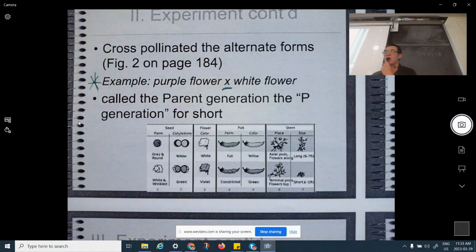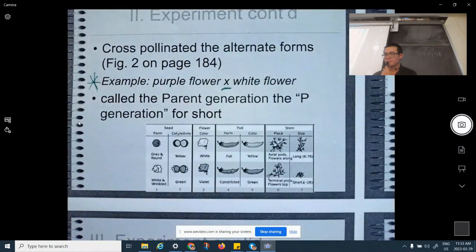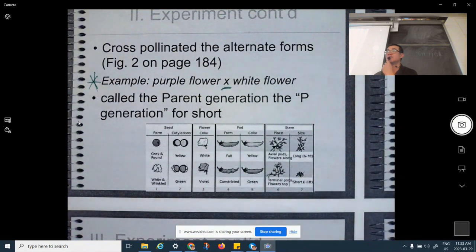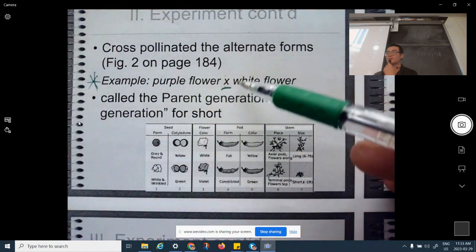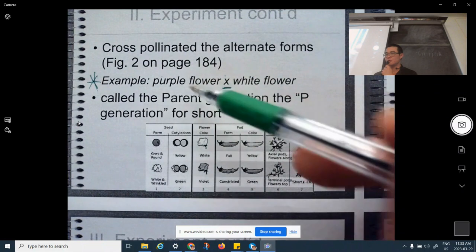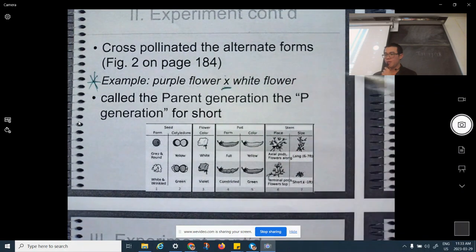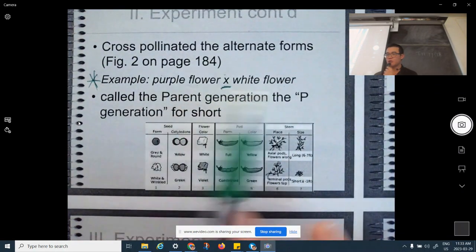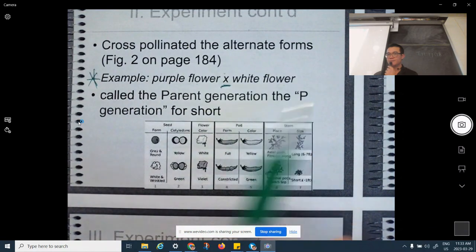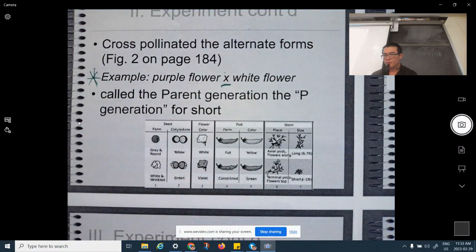You can talk about plants, you can talk about animals. Because he was cross-pollinating, we use the X cross to show that these two are the parents. So in this case, the parents generation, we use P generation for short.